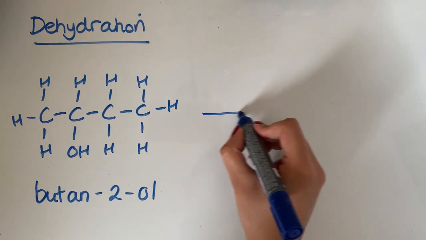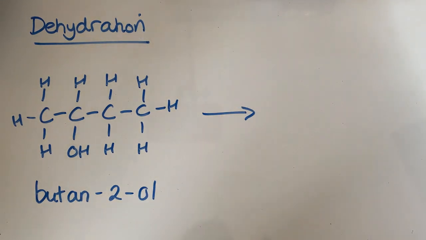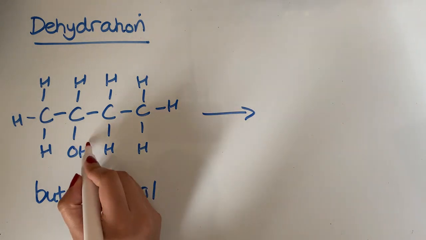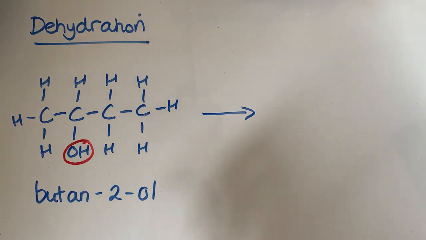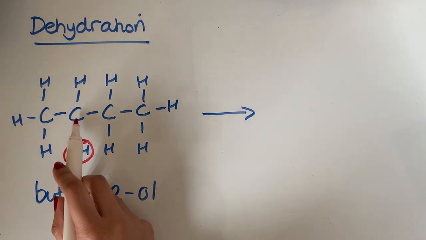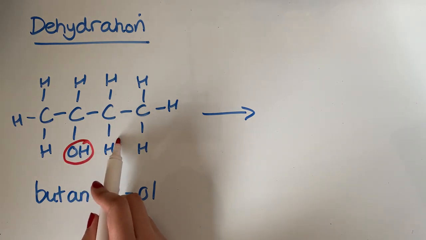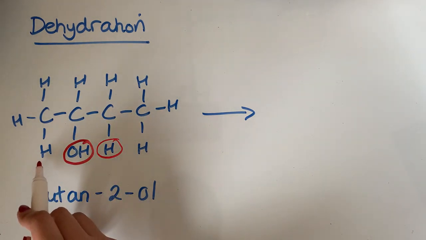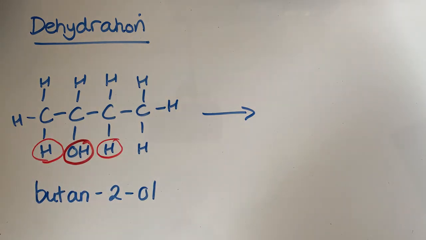If I'm going to eliminate water, there's a few options. I've only got 2 options actually. I've got to remove this OH, but it's got to be off of the adjacent carbon. So I could either remove this hydrogen or I could remove this hydrogen.